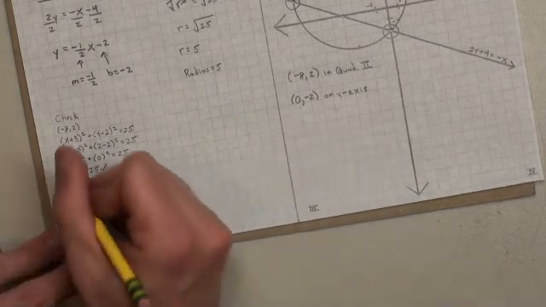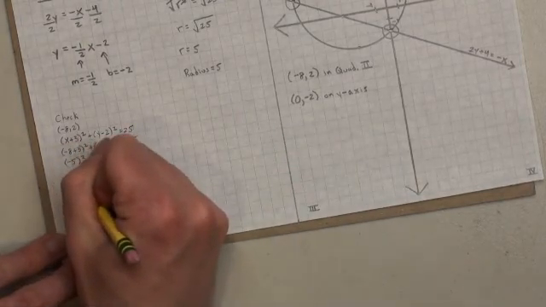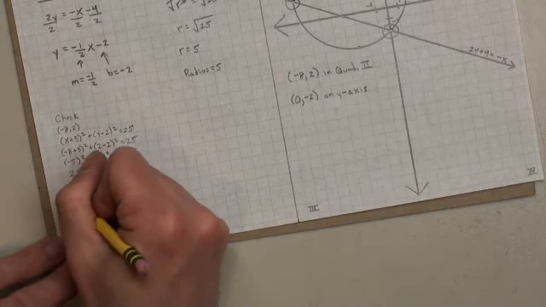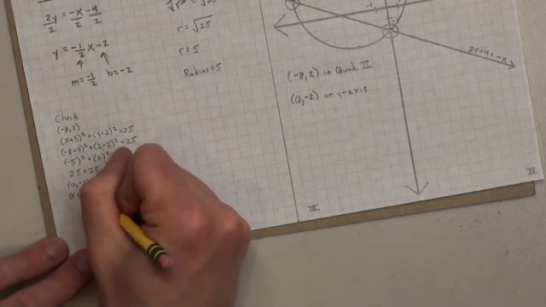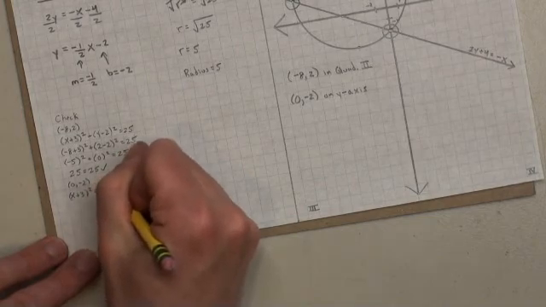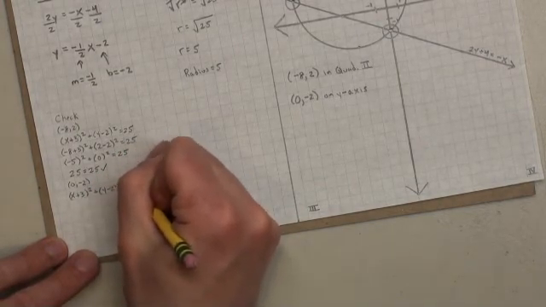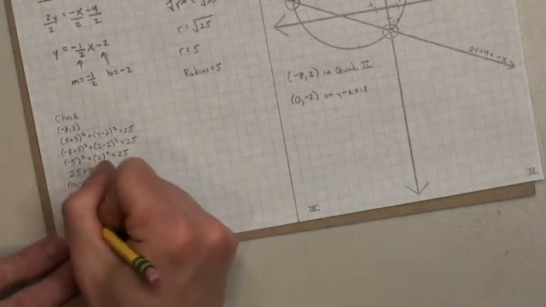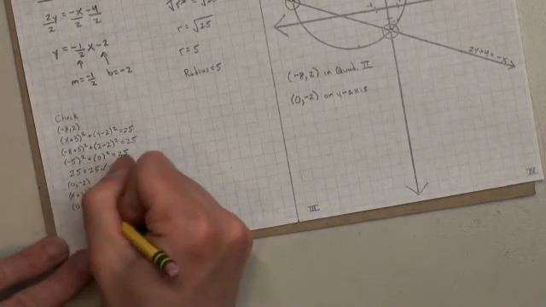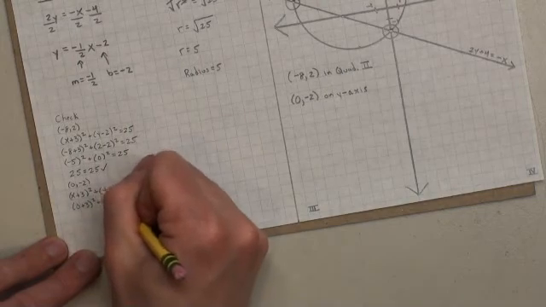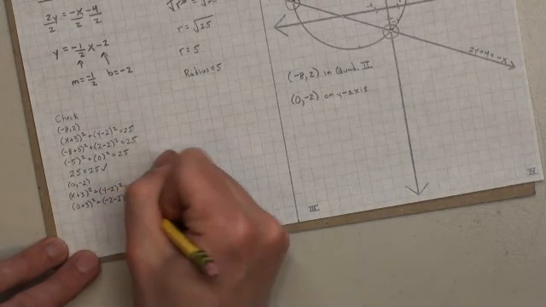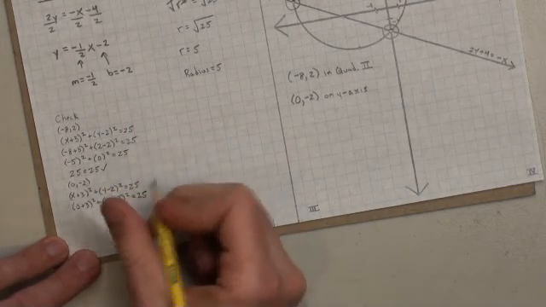Now let's check 0 comma negative 2 in the same equation. We got 0 plus 3 squared plus negative 2 minus 2 squared equals 25.